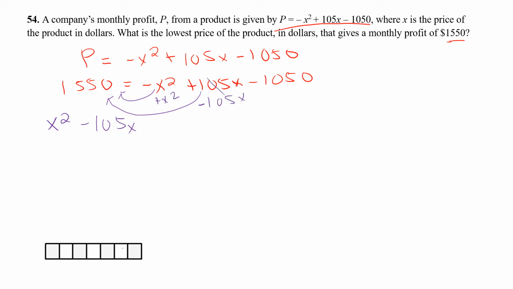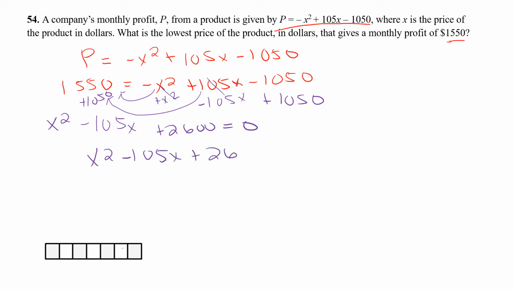Okay, so it cancels out, right? And then I'm adding 1050 to both sides. And this is my like term here. So 1550 plus 1050 is actually 2600. All right, let me write this a little neater. So x squared minus 105x.